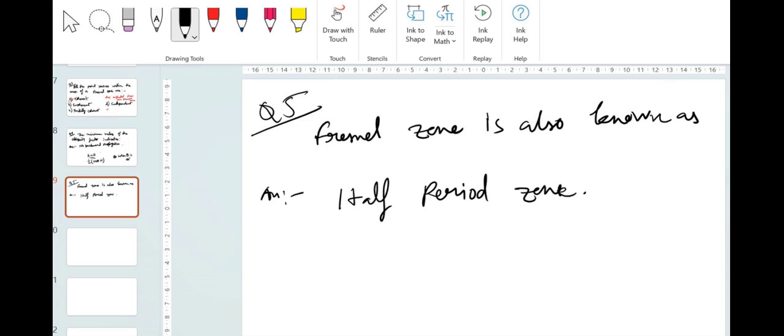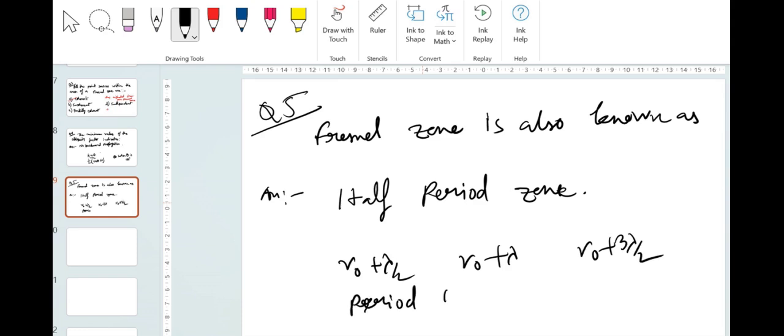Why? Because the zones are divided like this. The period is lambda, and lambda by 2 is the half period.